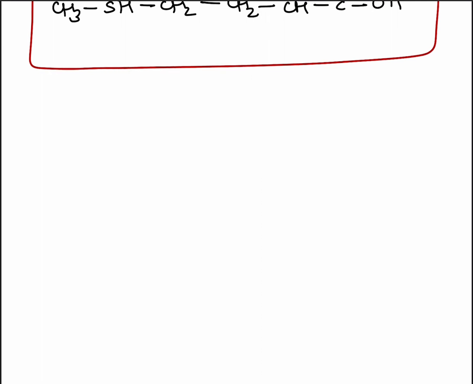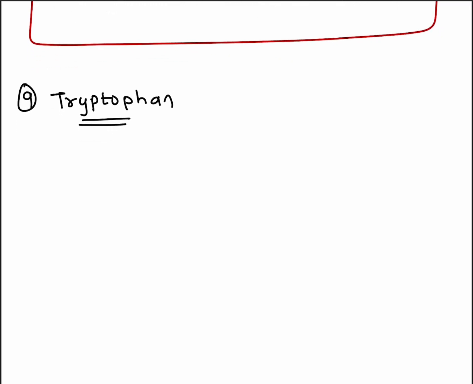So let's move on to the next amino acid, which is tryptophan. For this you should remember a mnemonic: trip, 3, and fan. What we are going to do is remember it like this. We had planned a trip in Indore.